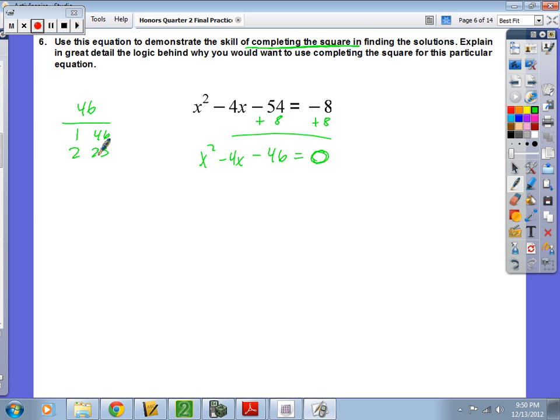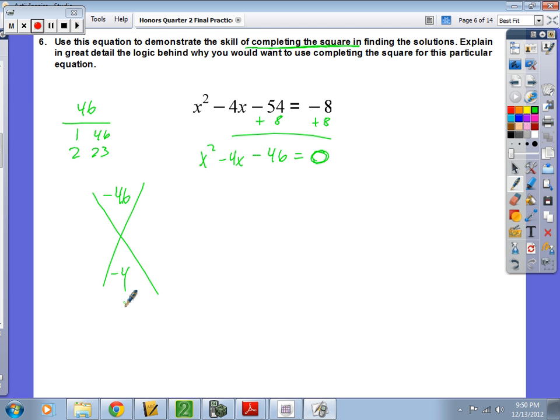Can I add or subtract those? So I got a minus 46. Can I add or subtract them to get a minus 4? With integers, no. But with irrationals or rationals, probably yes. So I'm going to ditch that zero product property, and here's what I'm going to use.